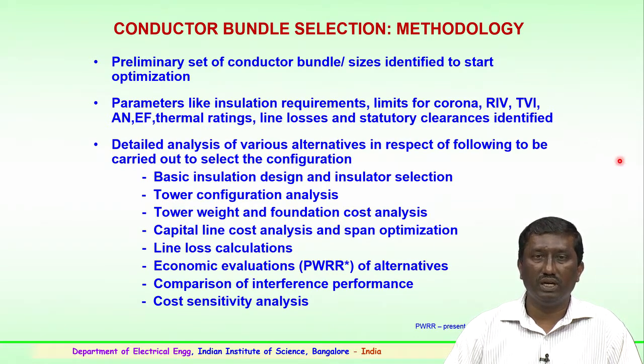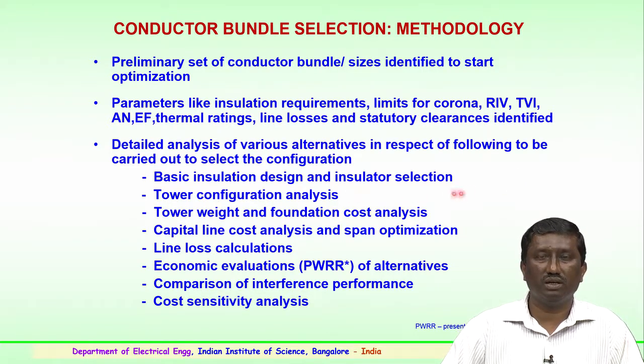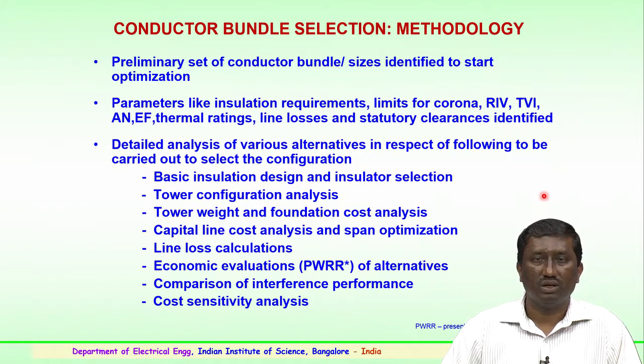Further detailed analysis of various alternatives in respect of the following should be carried out, so that it would be helpful to select a particular configuration for the transmission or distribution system. The basic insulation design and insulator selection has to be done, the conductor size has to be identified, and what insulation level has to be used.